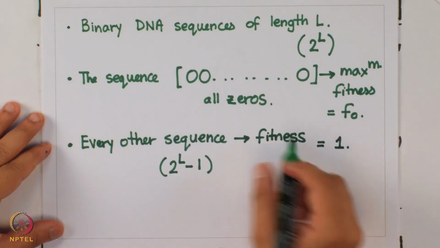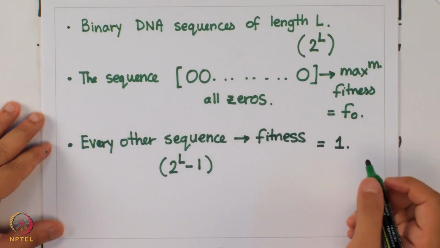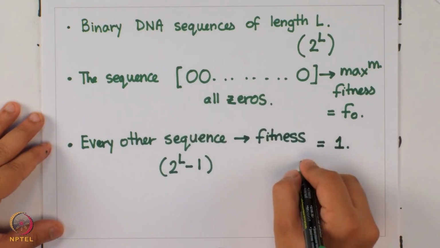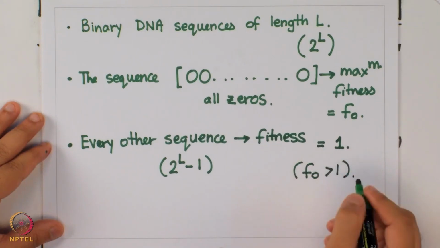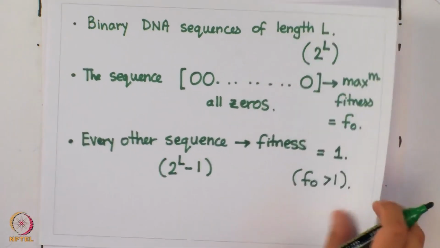So, every other sequence other than the all zero sequence has a fitness equal to 1, which implies that F naught is bigger than 1. What we have done by these definitions is essentially define the fitness landscape associated with this problem.